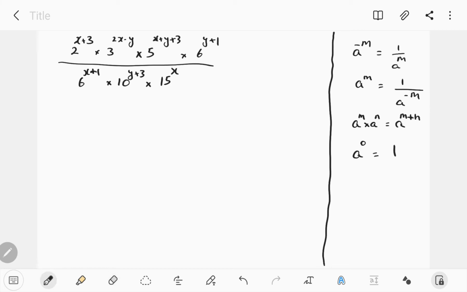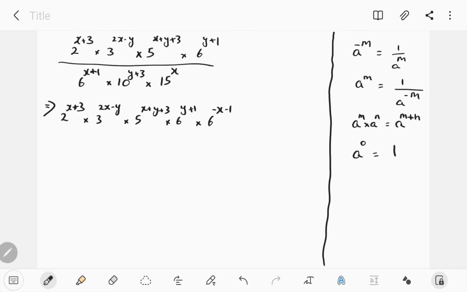Now what I want to do is bring the denominator to the numerator. The first step, as in the case of the previous problem, I want to bring the denominator to the numerator. So we know that when I bring the denominator to the numerator, the sign of the power is going to change. So I'm going to leave the numerator as it is, 2 power x plus 3 multiplied by 3 power 2x minus y multiplied by 5 power x plus y plus 3 multiplied by 6 power y plus 1 multiplied by 6 power minus x minus 1.